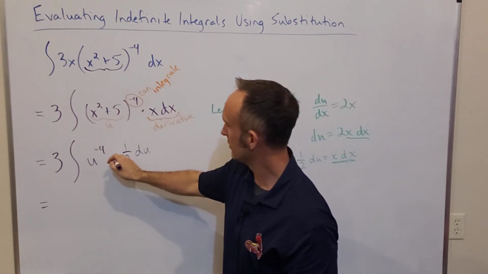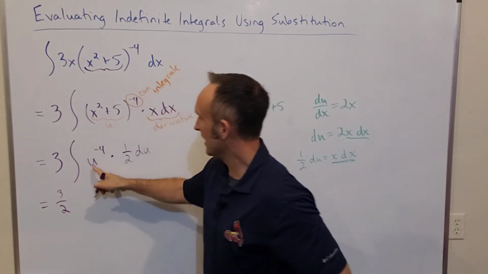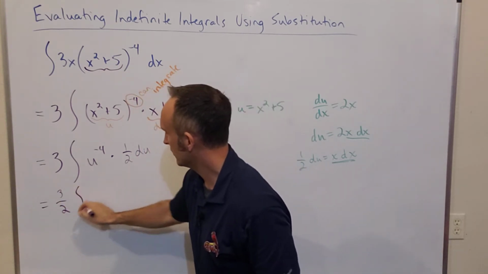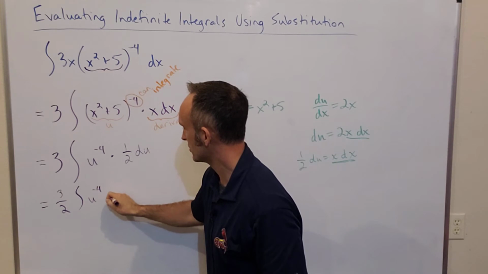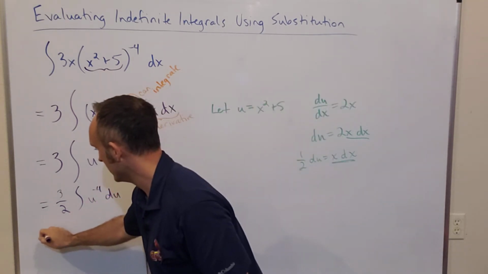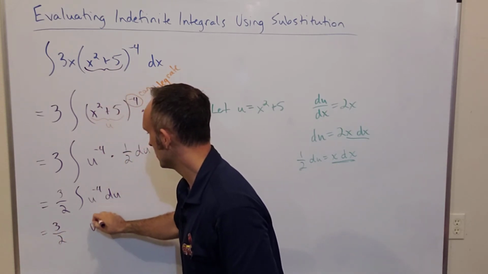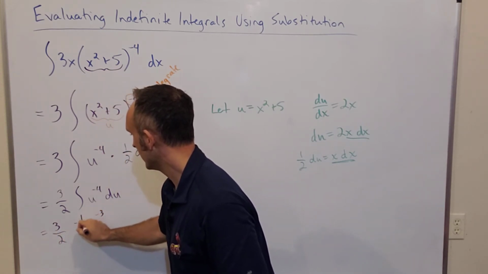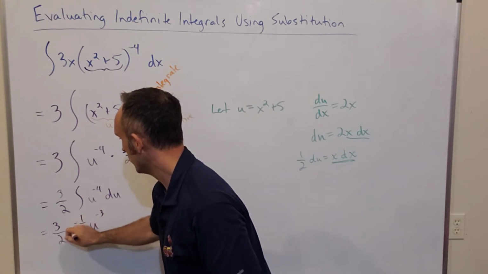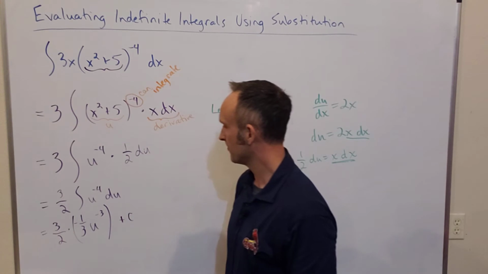I can pull out this coefficient of a half to the front to get 3/2. And if I want to write an extra step here, I just need the antiderivative of u to the negative 4th, which is u to the negative 3rd with a negative 1/3 coefficient, plus c.